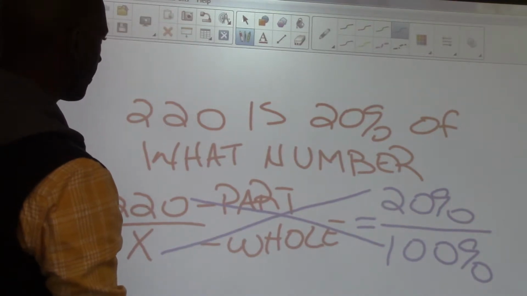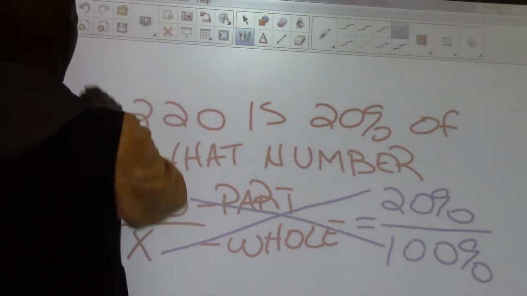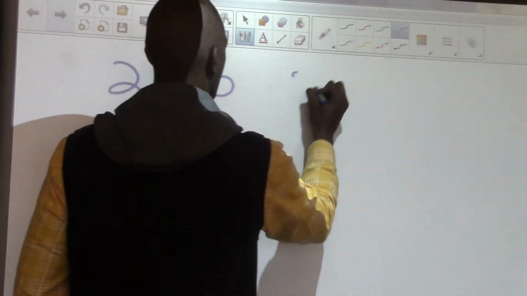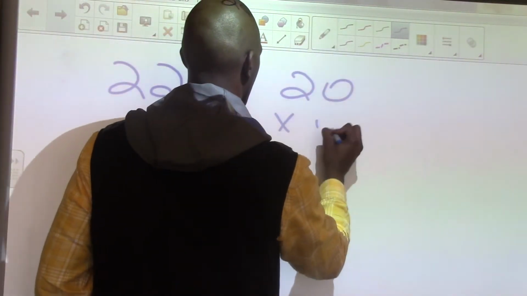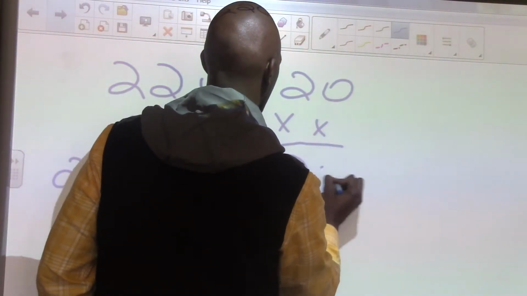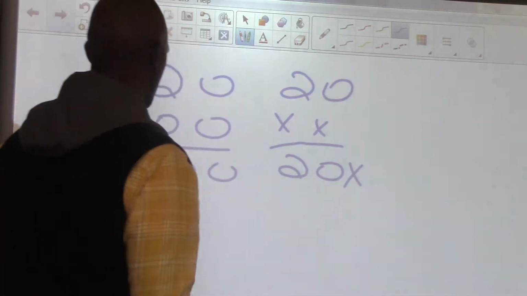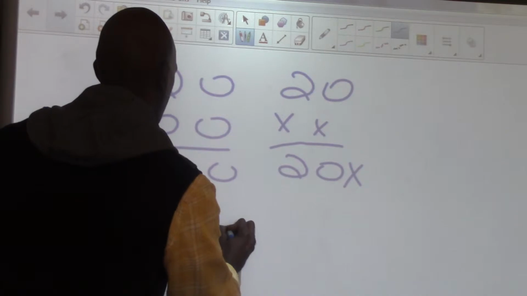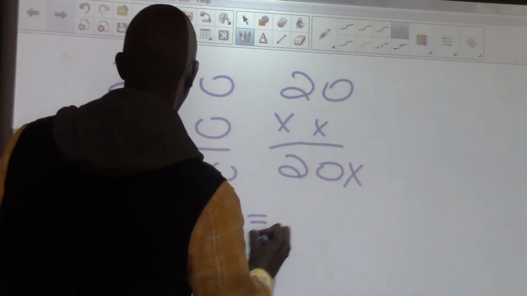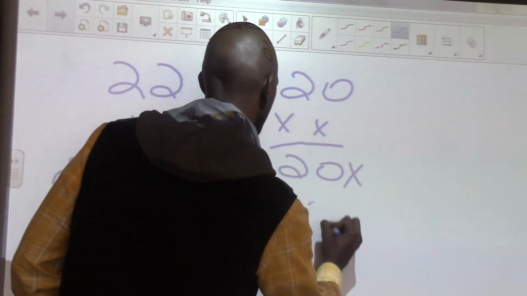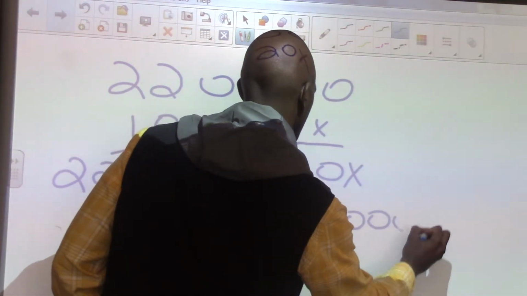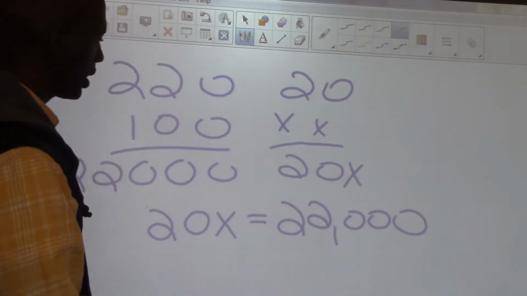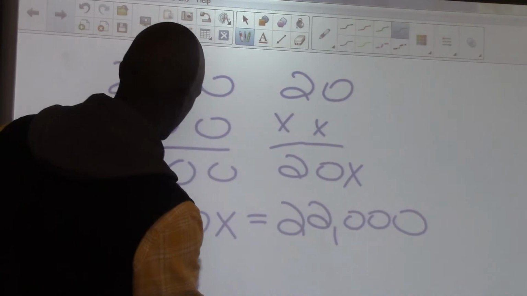And when we multiply 20 times X, we get 20X. We're going to set these equal to each other: 20X equals 22,000. Then we're just going to solve for X.